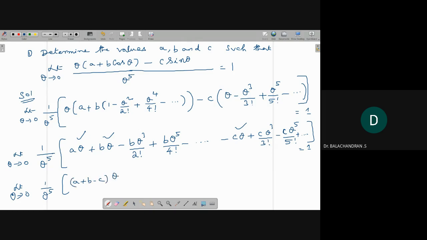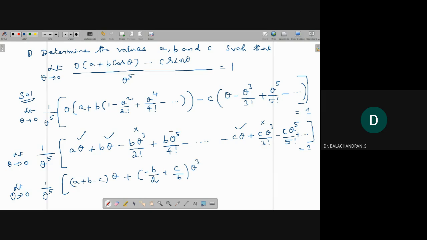If I take theta cube commonly, minus B by 2 factorial, which is 2, plus C by 3 factorial, which is 6, into theta cube.